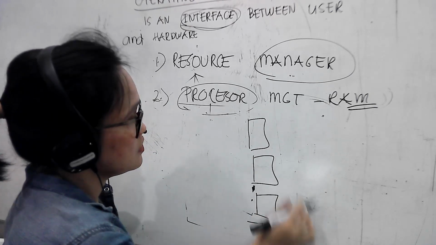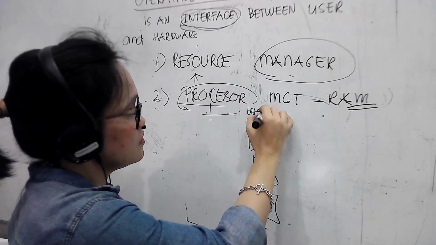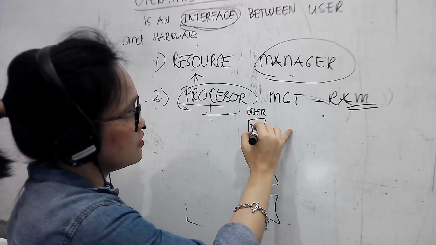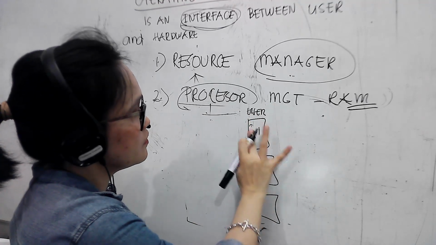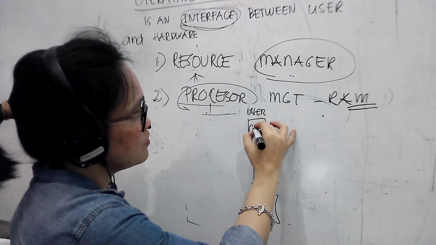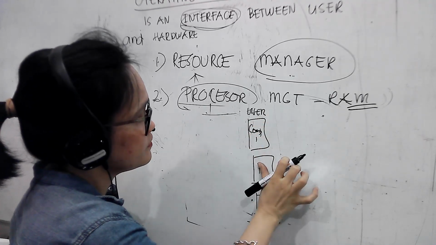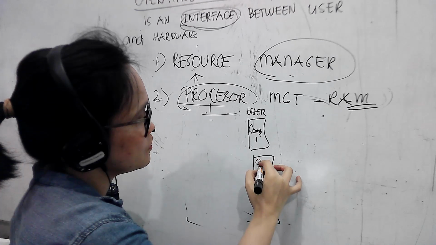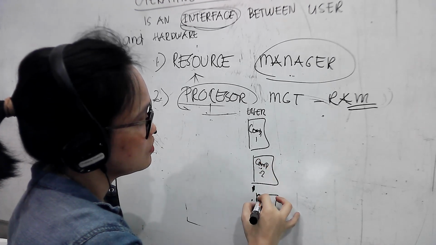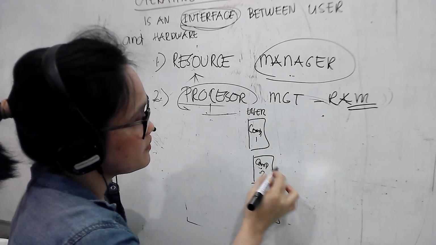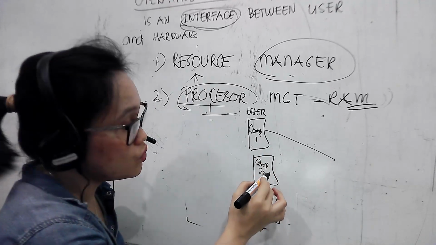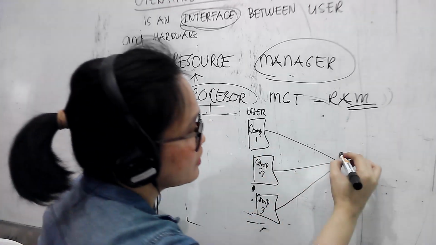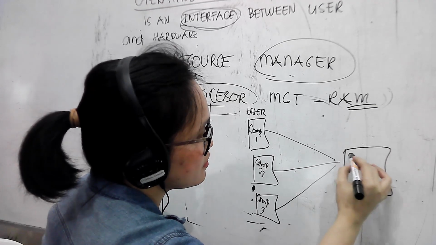So, this is the user. Computer 1, computer 2, computer 3. And these are connected to one printer. This is the printer.